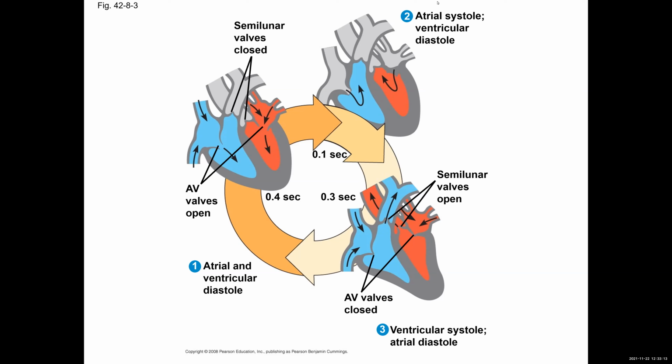There are valves that occur after the ventricles. The valves that occur after the atria, which are between the atria and ventricles, are called the atrioventricular valves. The valves that occur after the ventricles are called the semilunar valves. They look like they're half-moon shaped.